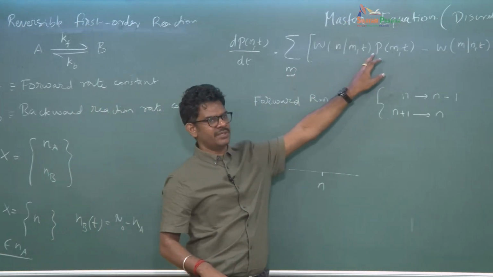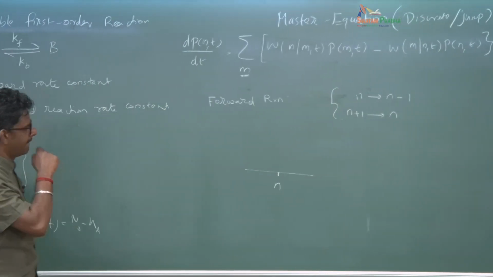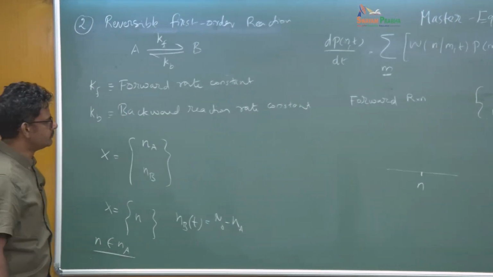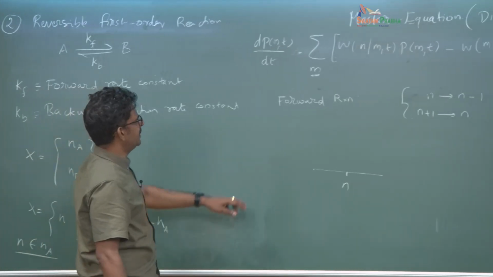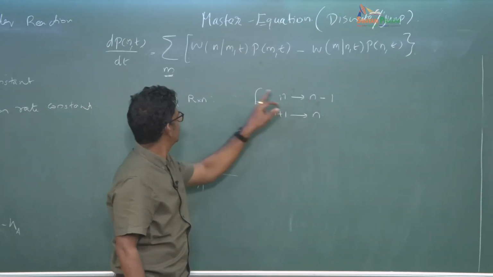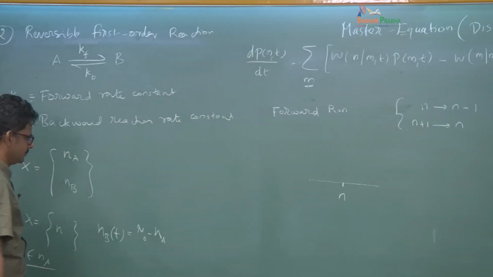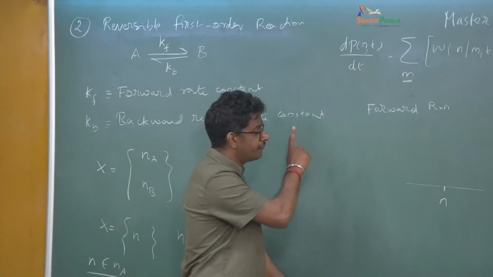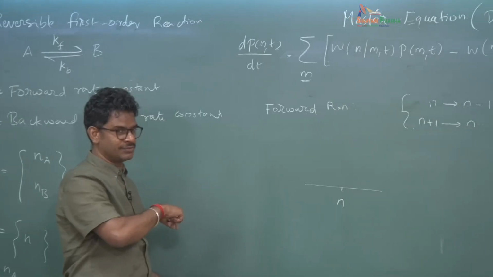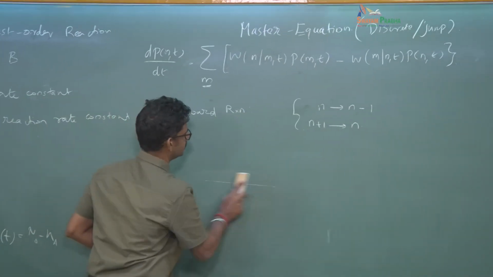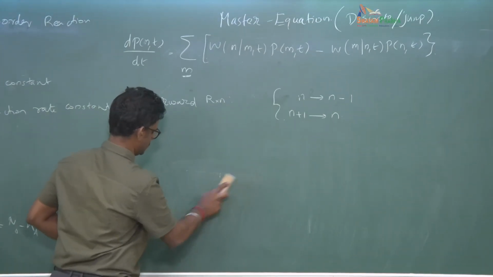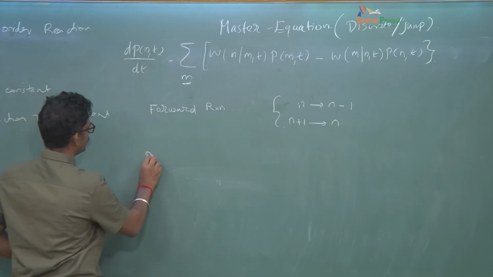That's the meaning of this equation. So we would like to basically use m equal to n minus 1 and m equal to n in these equations, and this is only for forward. Similarly, we have to write for the backward also. So in the backward reaction, what happens?